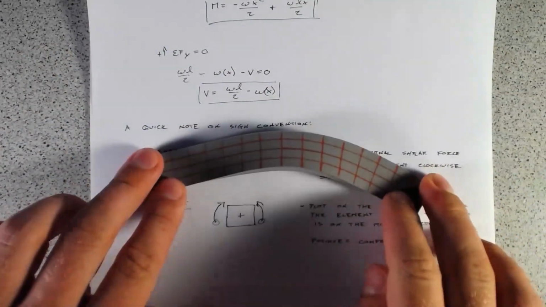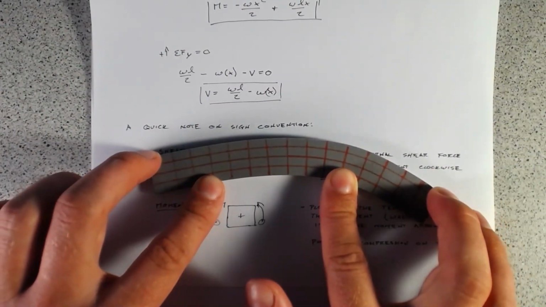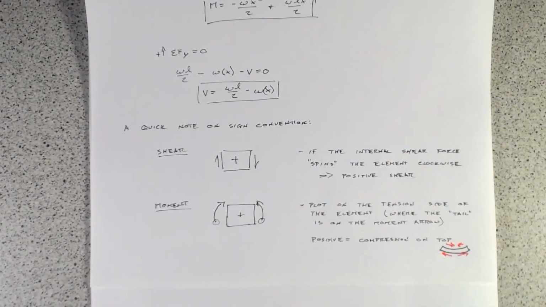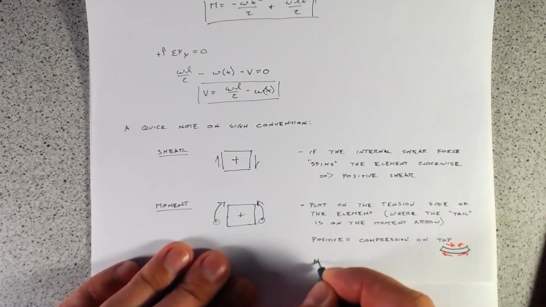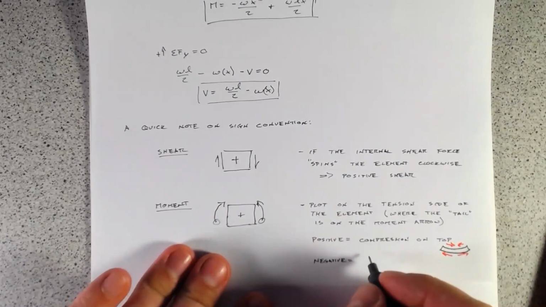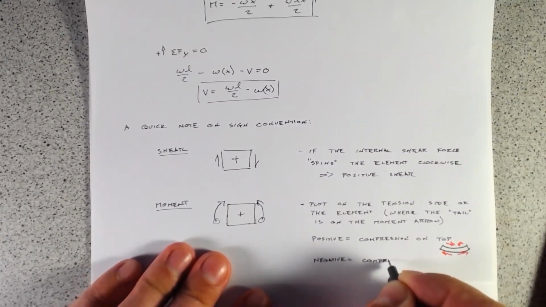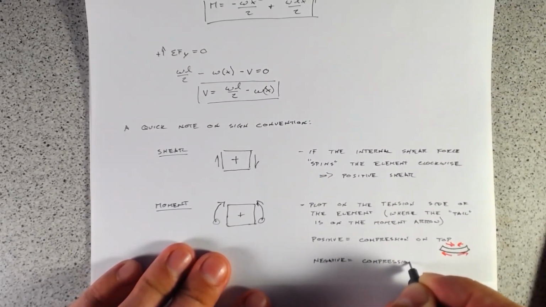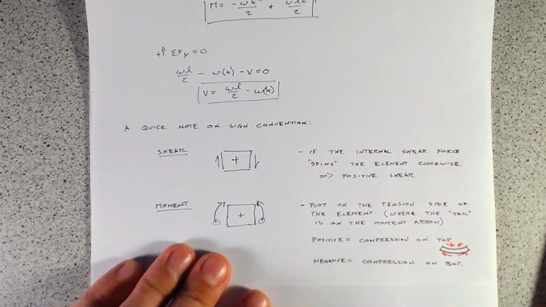Similarly, this would be a negative moment where it's getting pulled down. And we'll write that one down too, just for completeness. So a negative moment equals compression on the bottom.